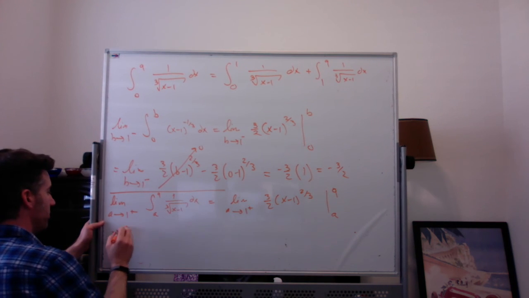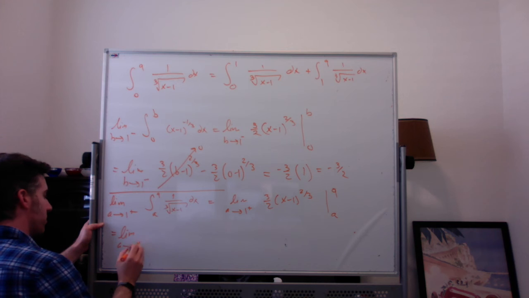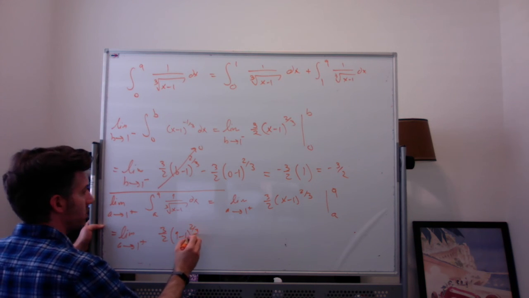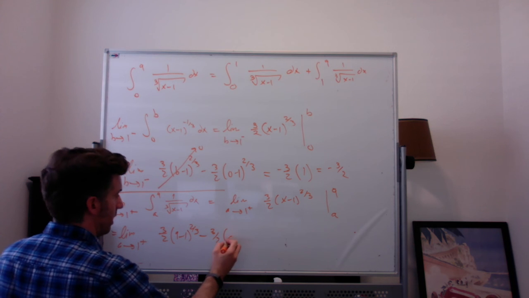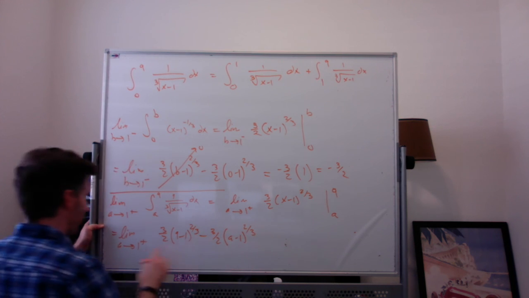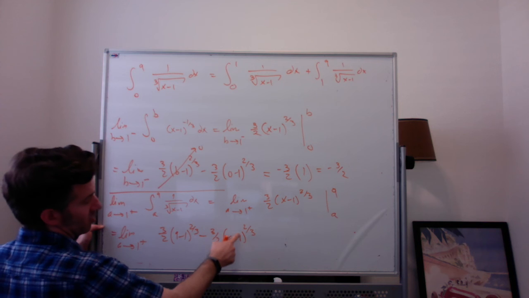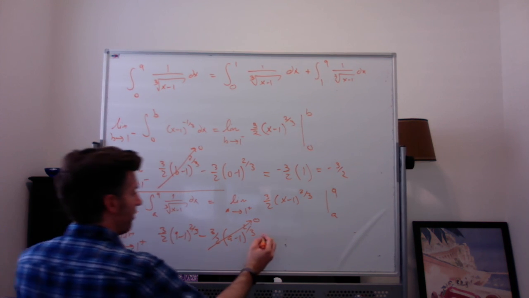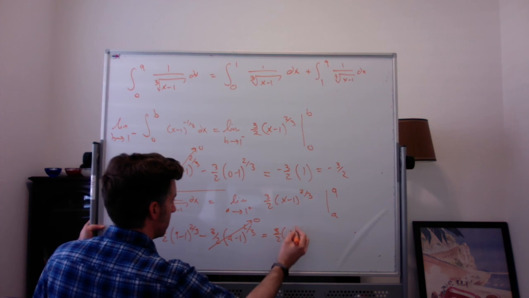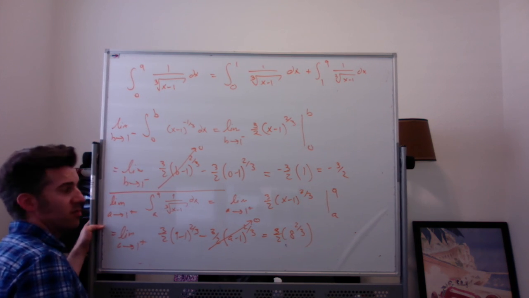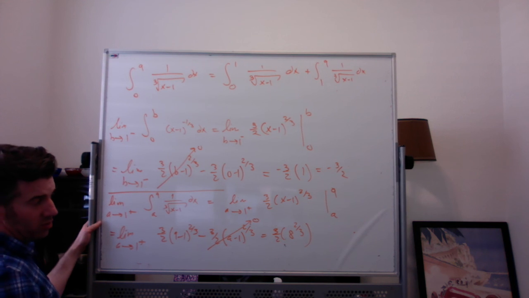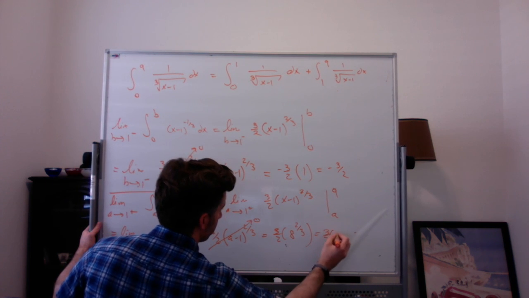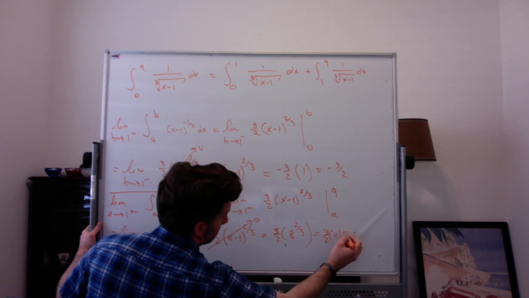Then we're going to plug in. We get 3 halves times 9 minus 1 to the 2/3 minus 3 halves times a minus 1 to the 2/3. And when we plug in 1, we get 1 minus 1, which is 0, to a positive power. That's just going to be 0. So you get 3 halves times 8 to the 2/3. And 8 to the 2/3 is the cube root of 8, which is 2, squared, which is 4. So I get 3 halves times 4, which is 3 times 2, which is 6.